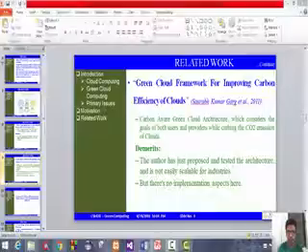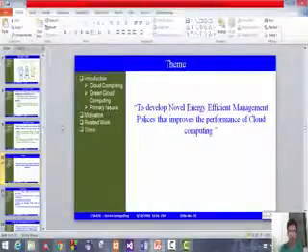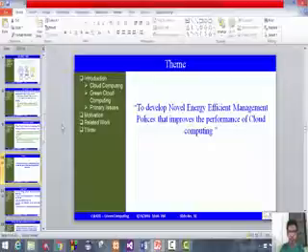Many studies have proposed to make these data centers energy efficient using technologies such as virtualization and consolidation. Still, these solutions are mostly cost-driven and thus do not directly address the critical impact on environmental sustainability in terms of CO2 emissions. Hence, in this work, we propose a user-oriented cloud architecture framework. The theme of this paper is to develop novel energy efficient management policies that improve the performance of cloud computing.